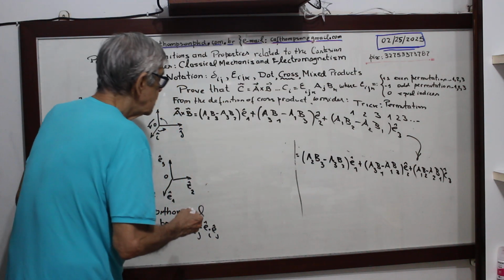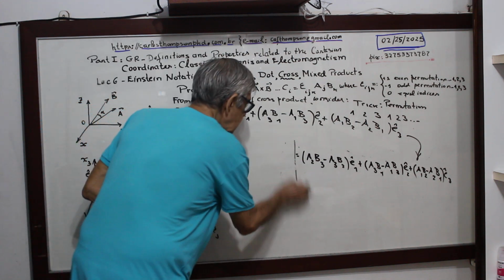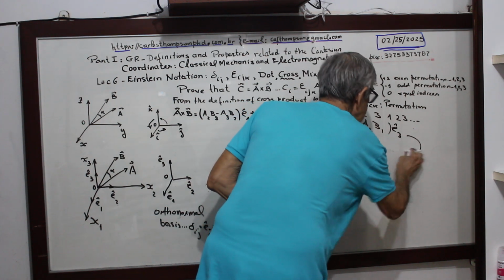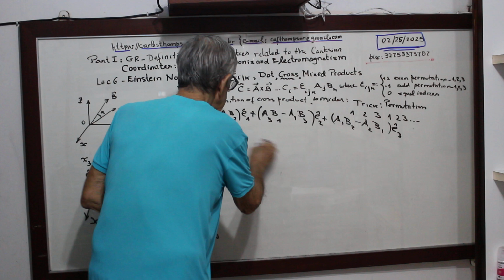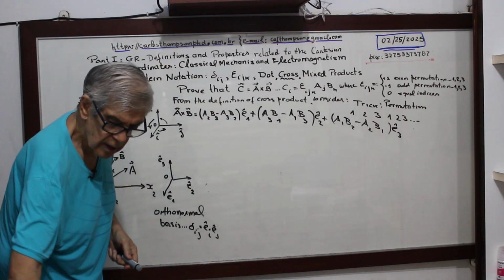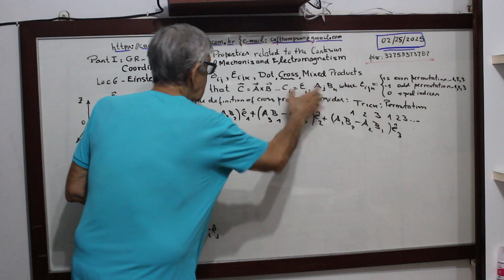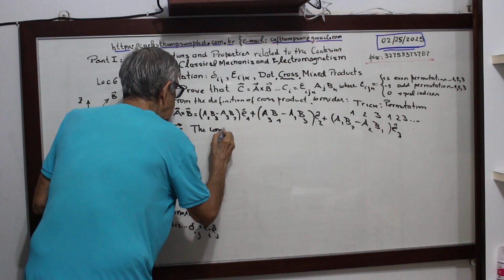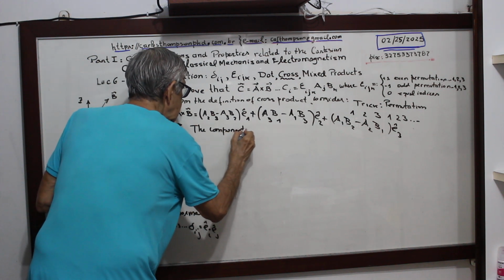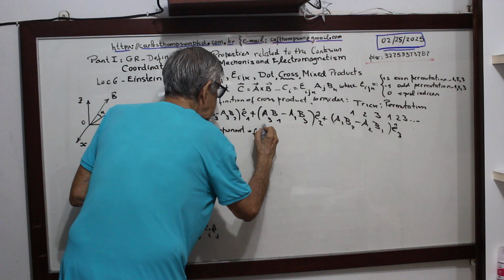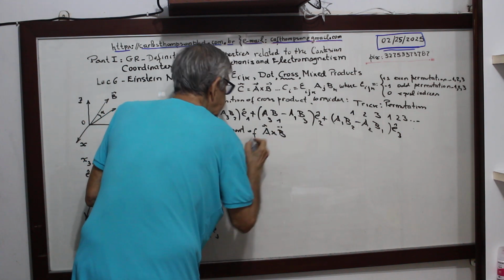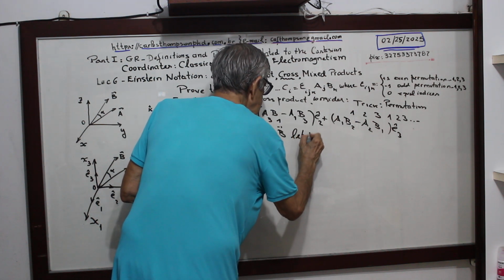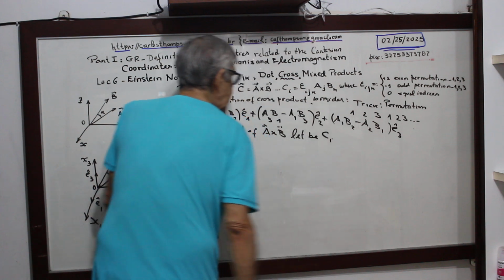It's quite easy. So I will do like that. I use the definition of the permutation symbol. Then I have the component of A cross B, let be CI.